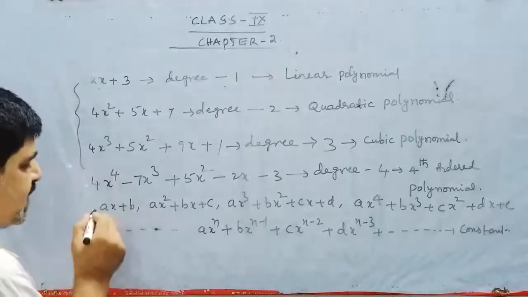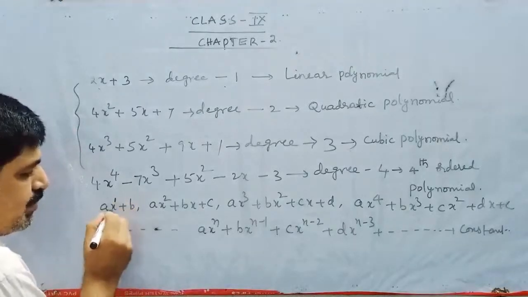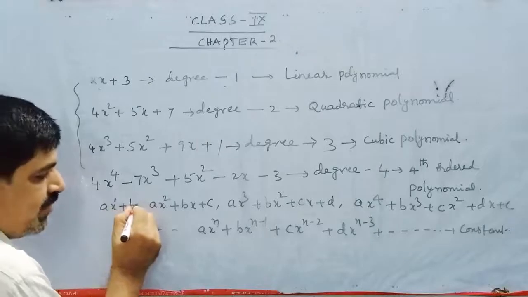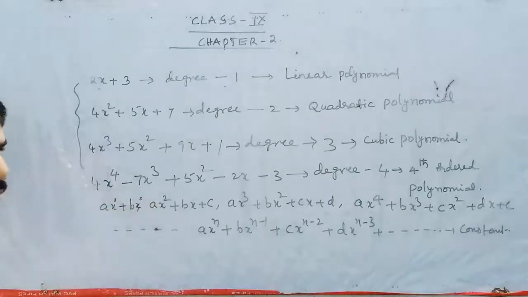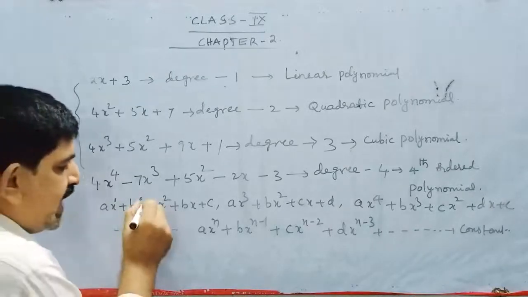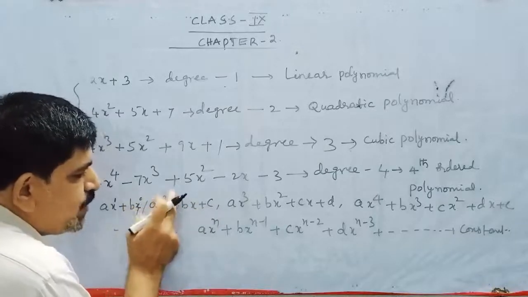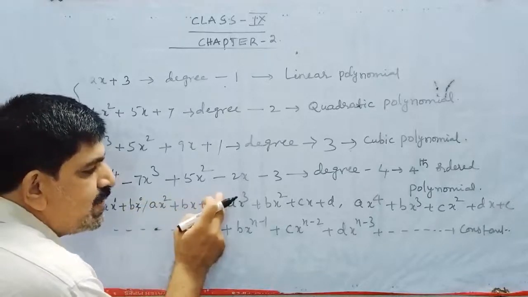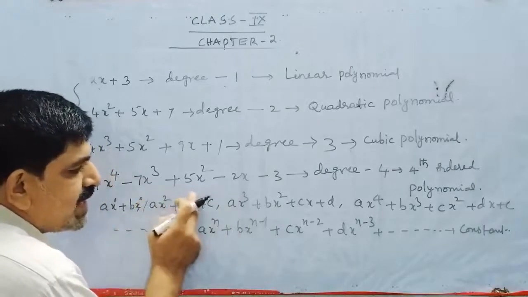See the first one, ax plus b: here the power is 1, here the power is 1, and for b there is no variable, so the power is x to the power of 0. So x to the power of 1, x to the power of 0. In the second one, ax square plus bx plus c, the x power is 2, then 1, and there is no x in the last, therefore x power 0.